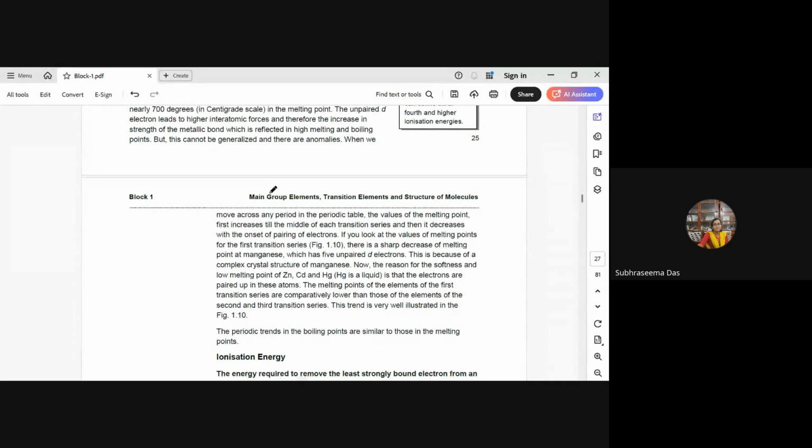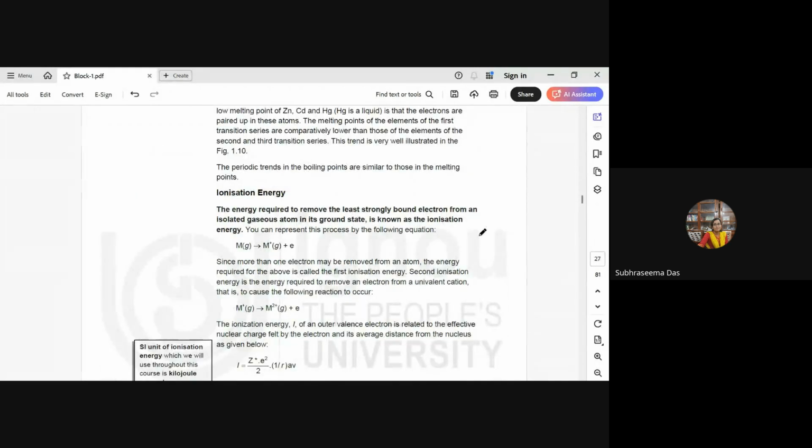There is also a reason for this: in zinc, cadmium, and mercury the electrons are paired up. Once they are paired up, the melting points are comparatively lower. This trend of first increase and then decrease is also seen in the second and third transition series.